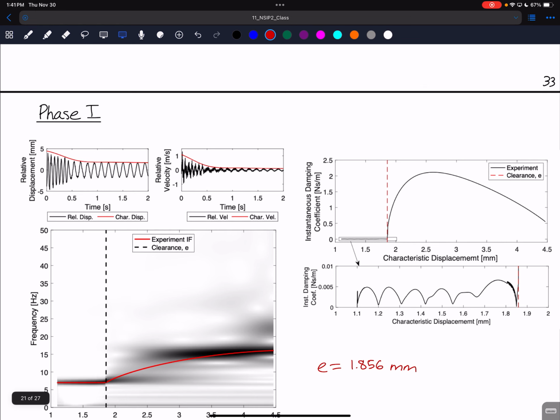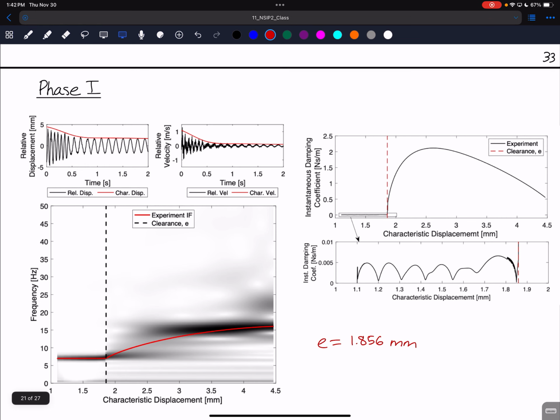Okay, so beneath that we're plotting the corresponding frequency displacement plot, and quite interestingly here there's a very precise characteristic displacement where there is a sudden transition between a linear response, that's just a straight line on the left, and then a nonlinear transition on the right.